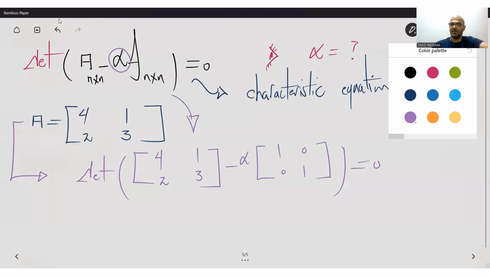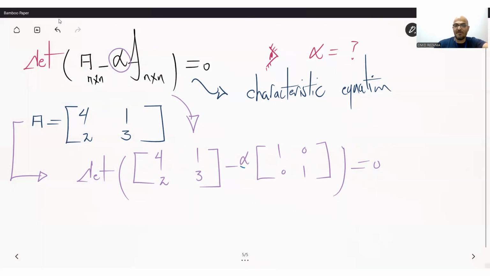Now, what I'm going to do is simplify whatever I have in between. Do you remember I said that if you have a scalar multiplied by a matrix, it multiplies all elements?